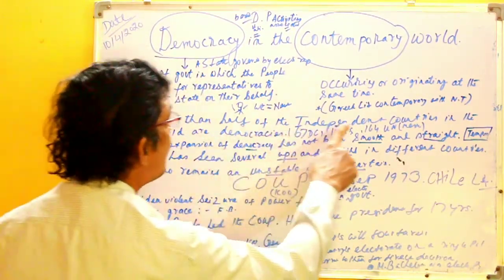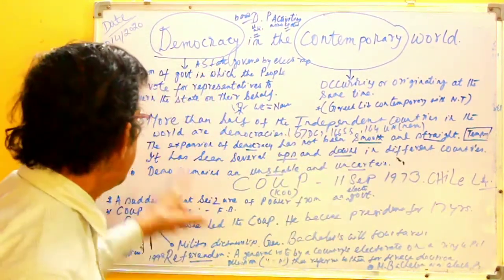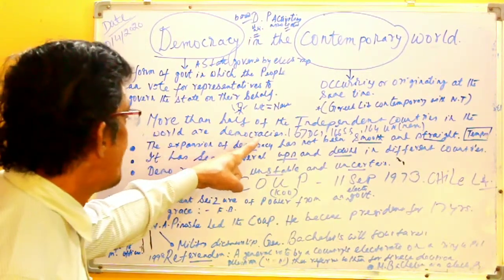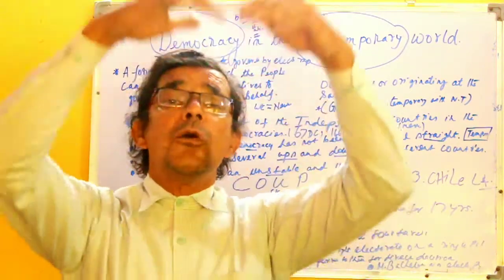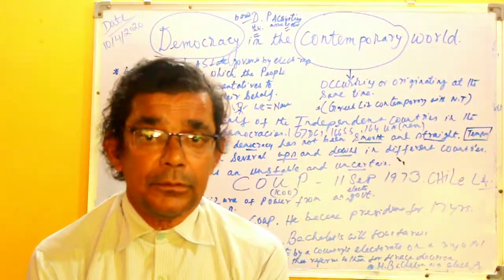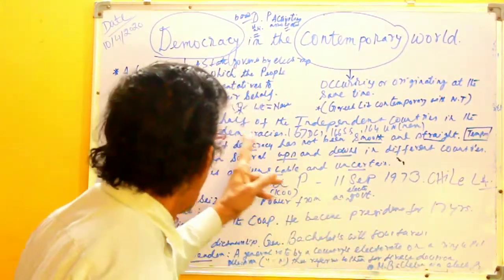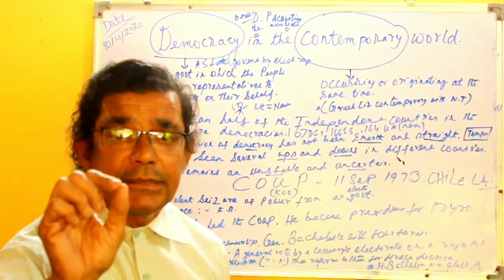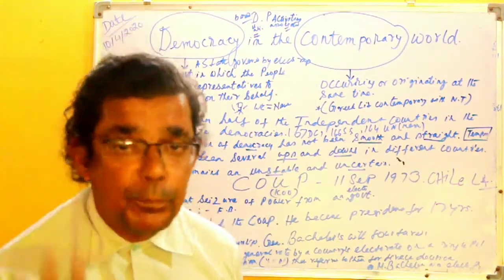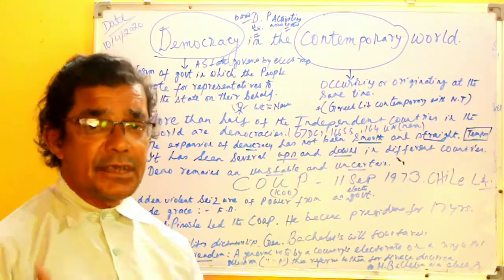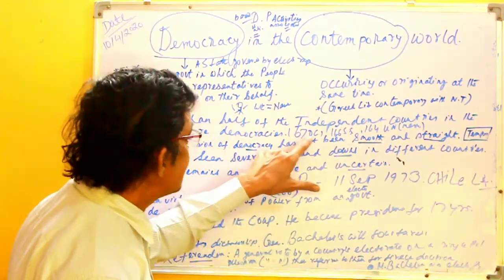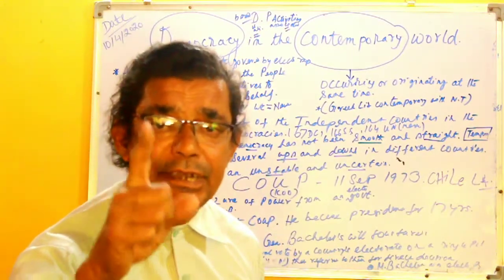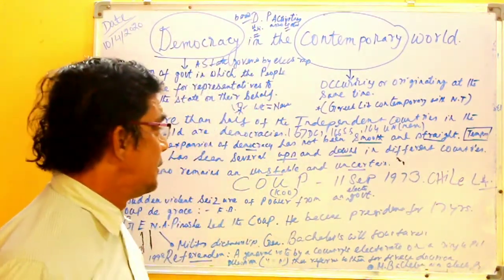Clear? Now, see these points you have to understand. More than half of the independent countries in the world are democracies. Meaning, all over the world, this system, democracy, has been very popular. Yesterday I looked up the net and saw there are 167 democratic countries in the world.